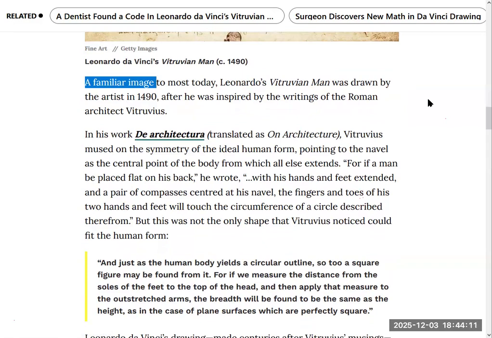Leonardo's Vitruvian Man was drawn by the artist in 1490 after he was inspired by the writings of the Roman architect Vitruvius.